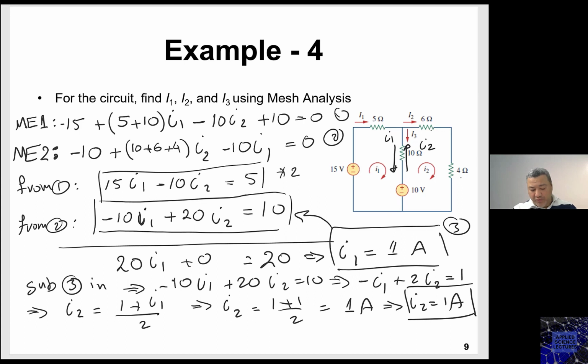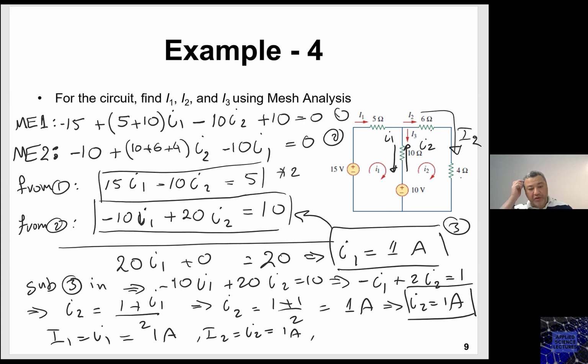So I1 capital equals I1 small. They're both going in that branch, having different names, which means 1 ampere. What about the I2 capital? I2 capital is the same as I2 small letter as well, which is also 1 ampere, right?